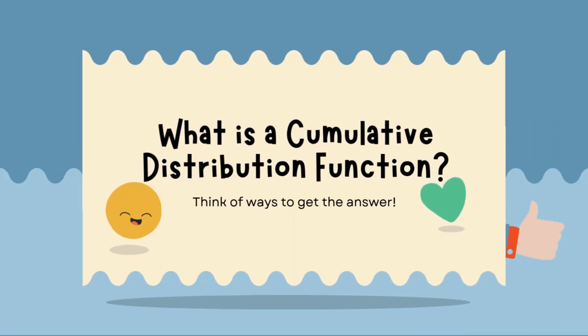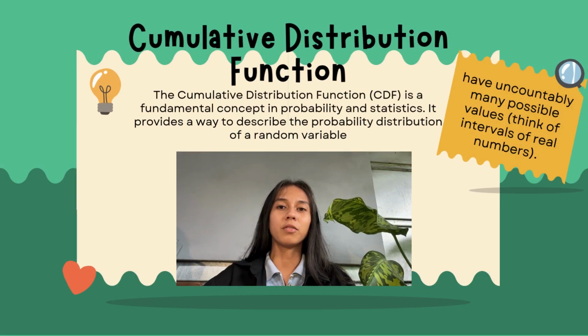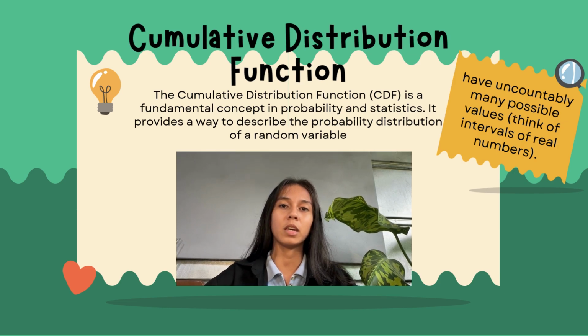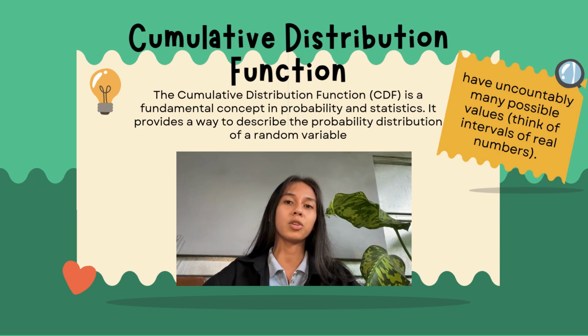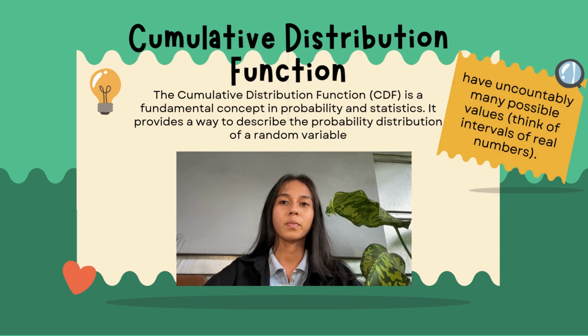What is the cumulative distribution function? The cumulative distribution function, or the CDF, is a fundamental concept in probability and statistics. It provides a way to describe the probability distribution of a random variable.